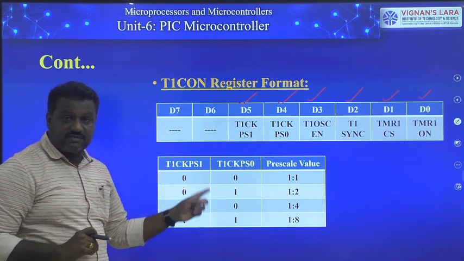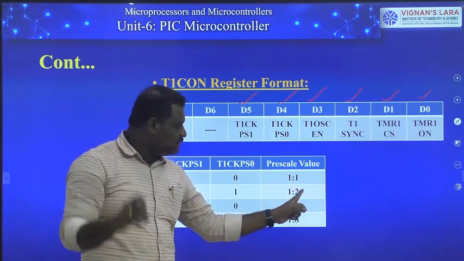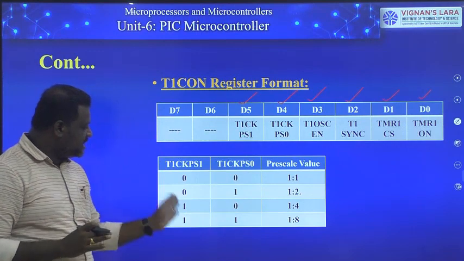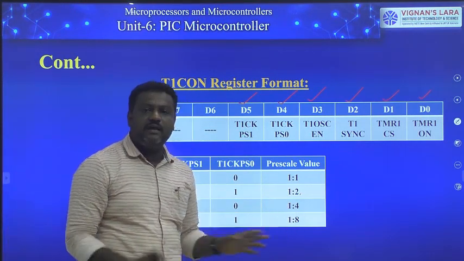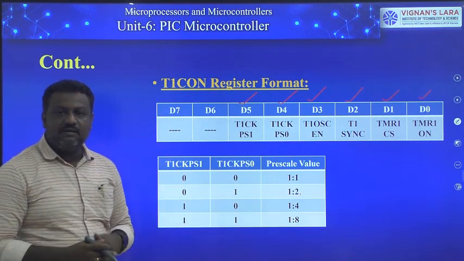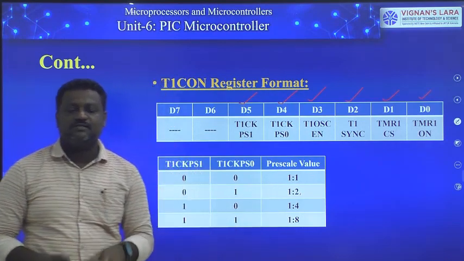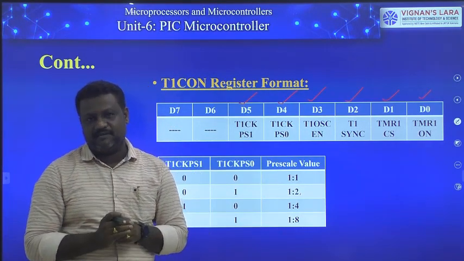If it is set to 0 1, the content of timer 1 is incremented by 1 on receiving 2 successive clock pulses. If it is 1 0, only on receiving 4 clock pulses is the timer content incremented by 1. If these two are 1 1, only on receiving 8 successive clock pulses is the content of timer 1 incremented by 1.